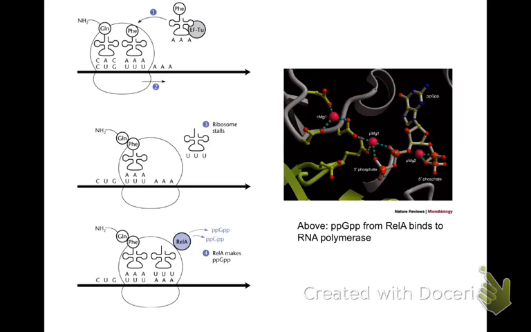On the left is an image from your textbook, again showing essentially the same thing, that RelA is activated in response to a stalling on the ribosome. And then this is an image showing the guanosine tetraphosphate from RelA that binds to RNA polymerase and modifies its activity. So again, this is similar to the other examples of post-translational modification that we've talked about.